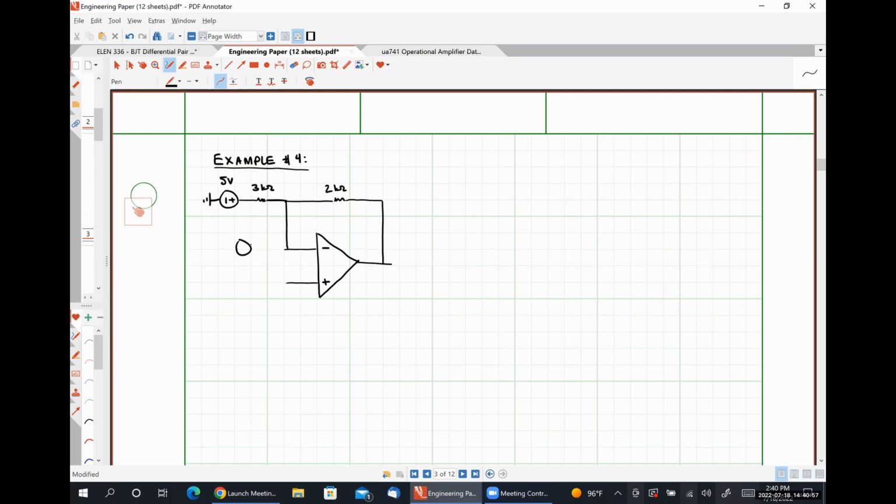And down here, let's put a 1 milliamp current source. Down here, let's put a 4 kilo ohm resistor, excuse me.